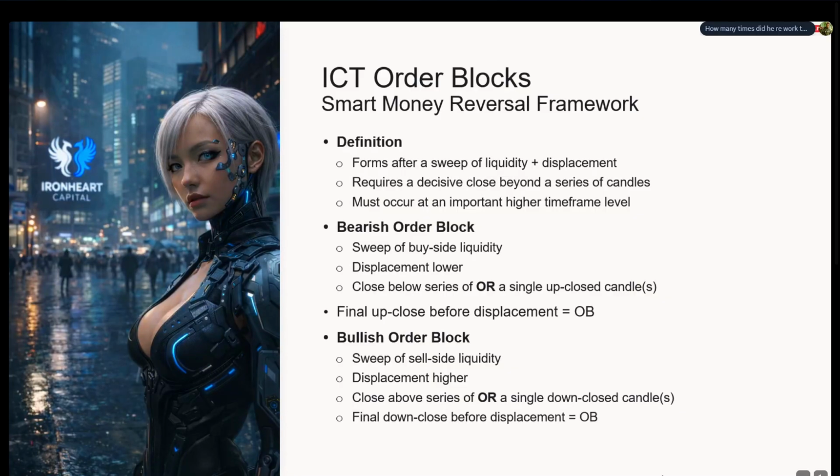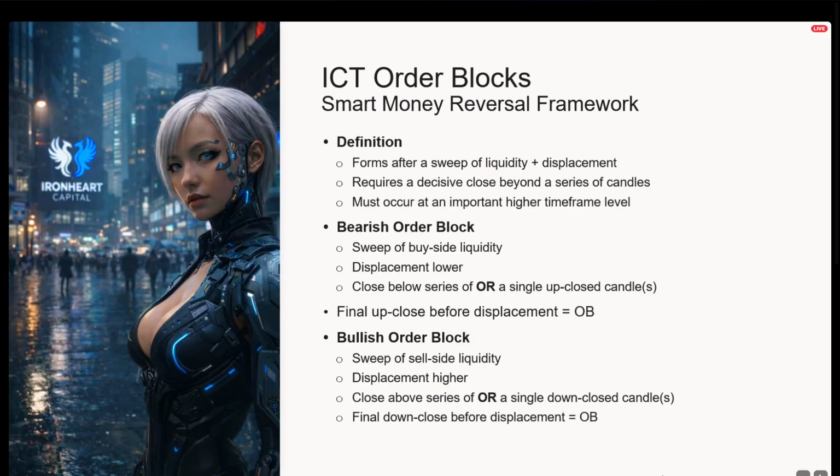It is a place where there's an accumulation of positions by the algorithm, and there is displacement ideally in that area, which is going to indicate the start of your change in state of delivery. That series of candles represents the order block, which you can really use as a trade entry, right?